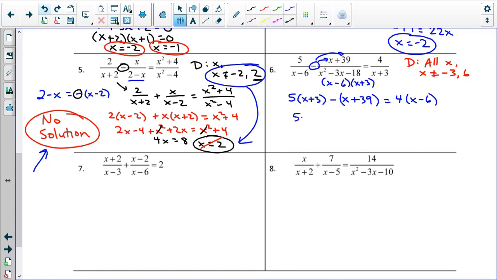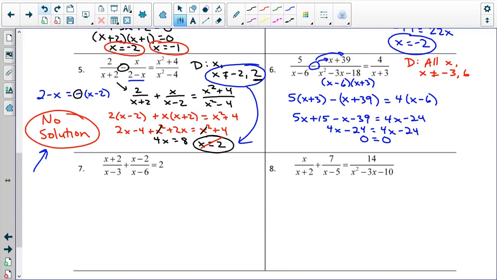So now let's distribute. 5x plus 15 minus x minus 39 equals 4x minus 24. Let's solve everything. I get 4x minus 24 equals 4x minus 24. If I got rid of everything, I would get 0 equals 0. That would mean I have all real numbers as my solution.